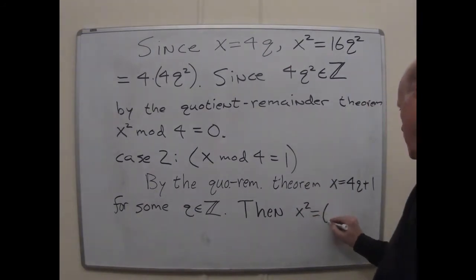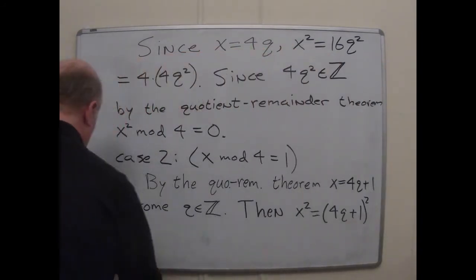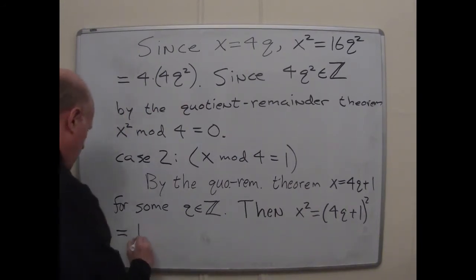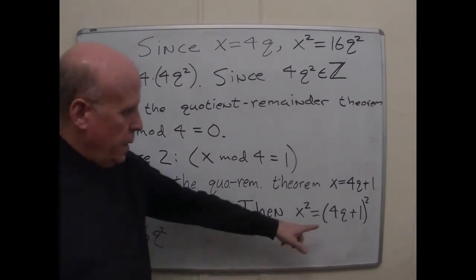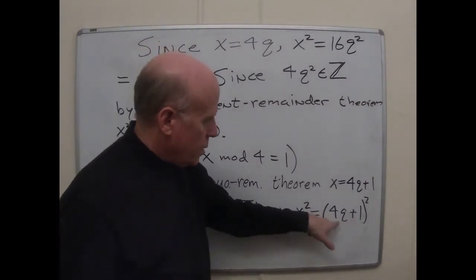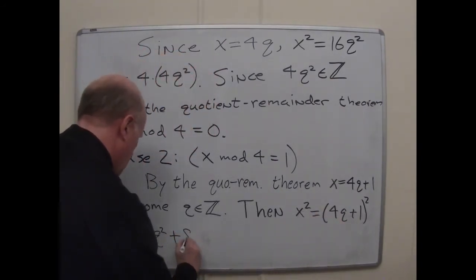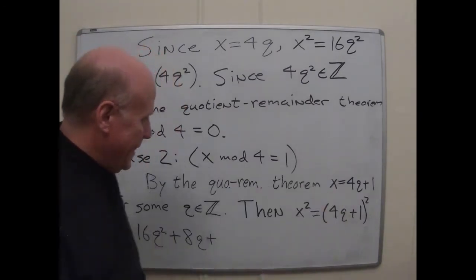Well, what is 4q plus 1 squared? FOIL rule away. 4q times 4q is 16q squared. Your outer times outer and inner times inner terms are both 4q, so there's a total of 8q there. And last times last is 1 times 1.